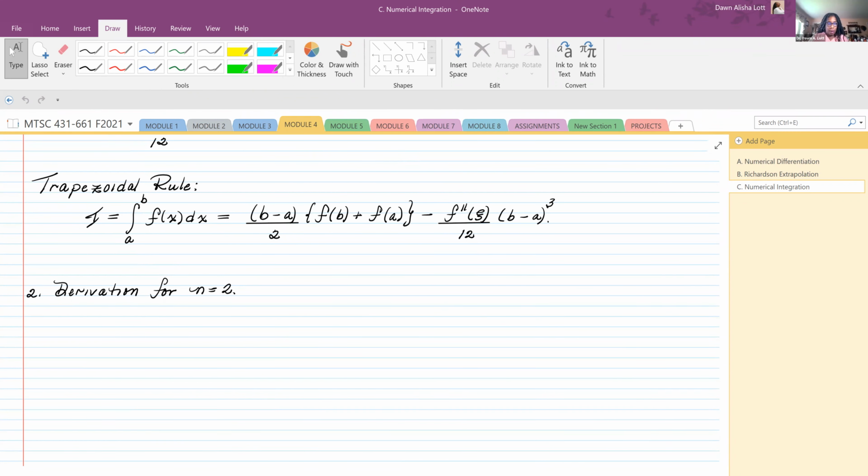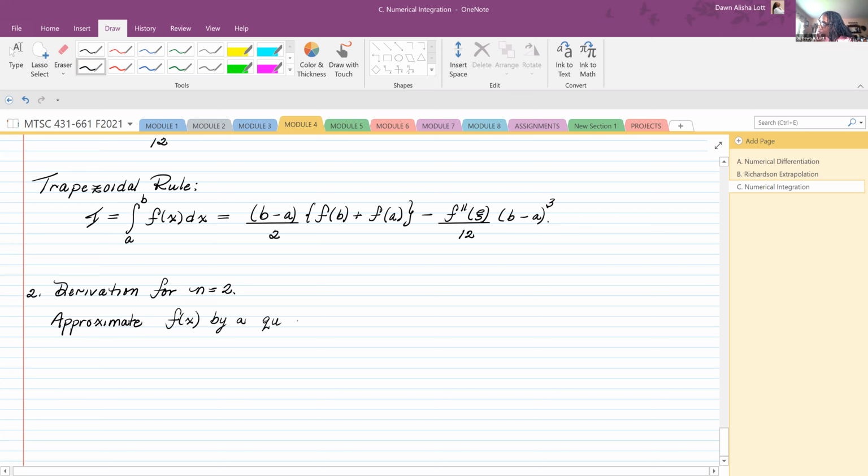And for n equals 2, again, we approximate f of x by a quadratic passing through the points a, f of a; a plus b over 2, f of a plus b over 2; and b, f of b.